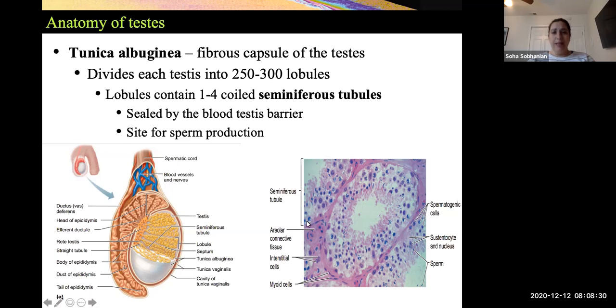But again, if I ask you the specific location for sperm production, then it would be the seminiferous tubules that are found inside the testes.